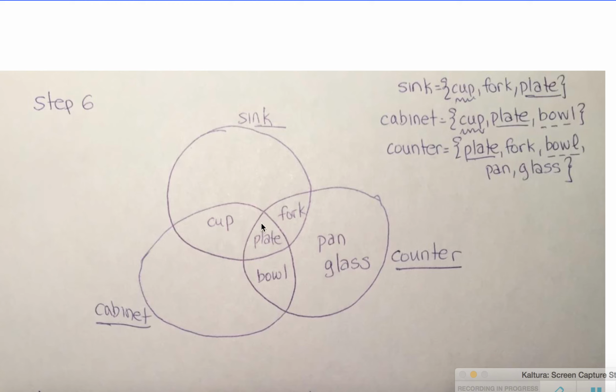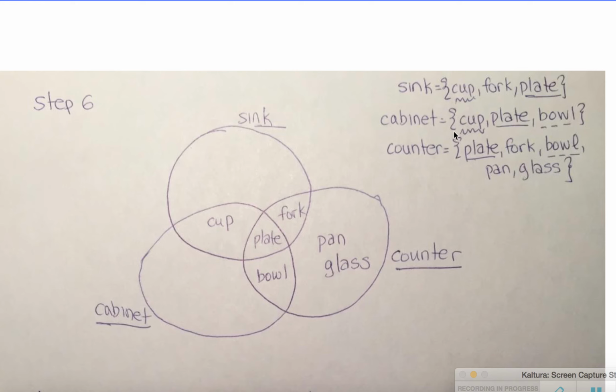So these 2 items are going to be listed in this area over here. But notice that we have this area right here. And this is the area which is common in all 3 sets. So let's check, is the cup or the plate common in the counter set? Well, yes it is. We have the plate here. Since the plate is common in all 3, we put the plate right here in the middle because it's common to all the circles, the sink, the cabinet, and the counter sets.